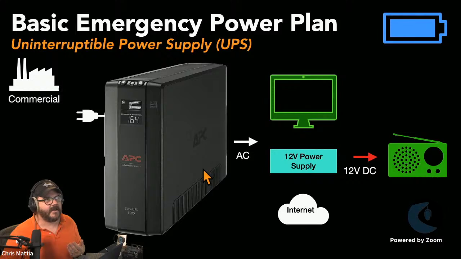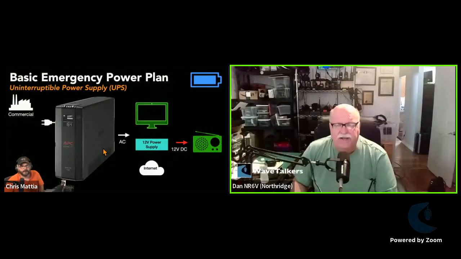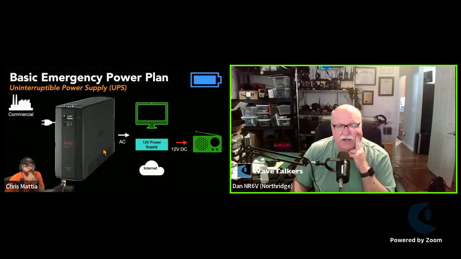Now, Dan, you had your gateway initially set up like this, and you ran into some issues. What happened? Well, I really didn't have issues with it, but it's not the best way to do it. I run the power through the UPS, and I use that to charge the battery, and then the battery runs the equipment.